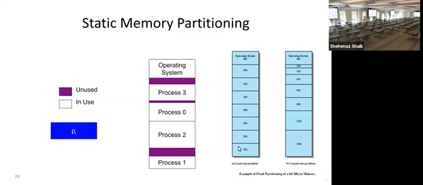If the memory capacity that is requested by a particular process is more than the partition size, then we can use the concept of overlays to swap in and swap out and have only the required part of the process loaded in physical memory at any point in time.